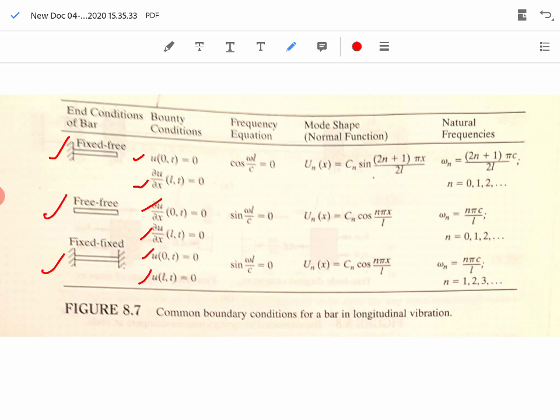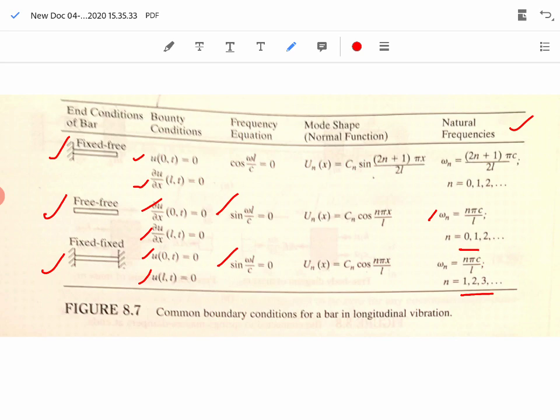By using the method of separation of variables, we can obtain the frequency equation, and these frequency equations are given in this table, and we can also obtain the mode shapes. Using the frequency equation, one can determine the natural frequencies as shown here. You can note here that the frequency equation for both free and fixed are the same, but the natural frequency values in case of free start from the value 0, while in case of fixed they start from the value 1.